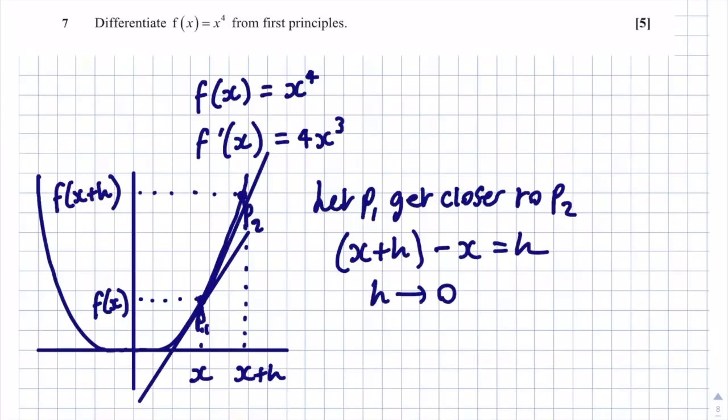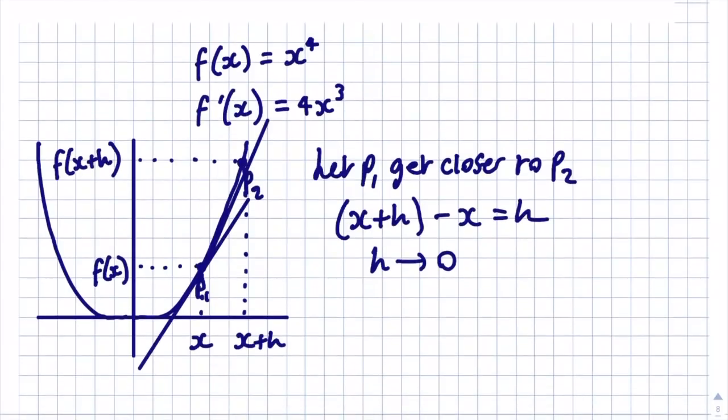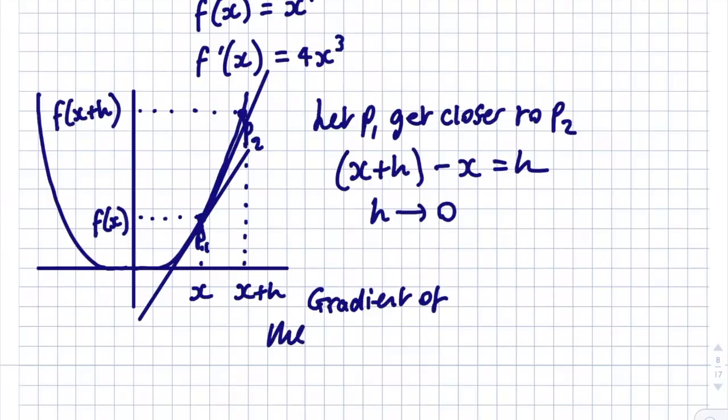So what we can say is if P1 is getting closer to P2, then the gradient of the tangent at P2 is going to be equal to the change in y divided by the change in x.